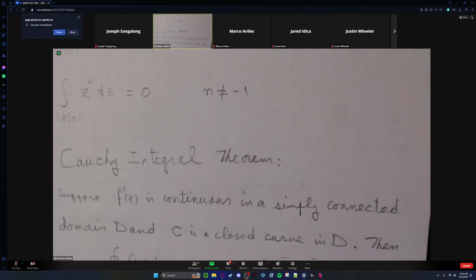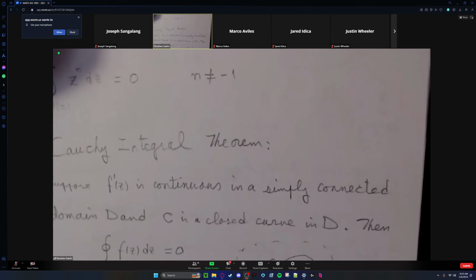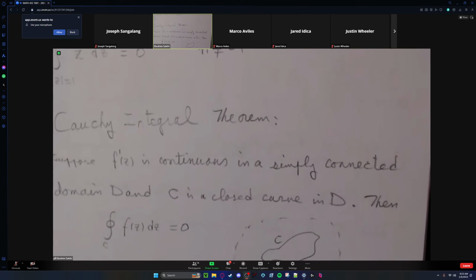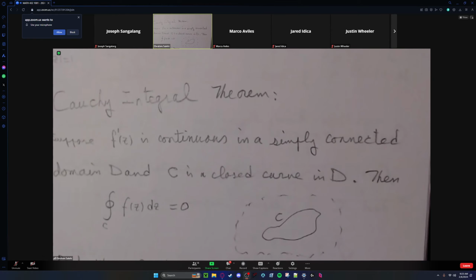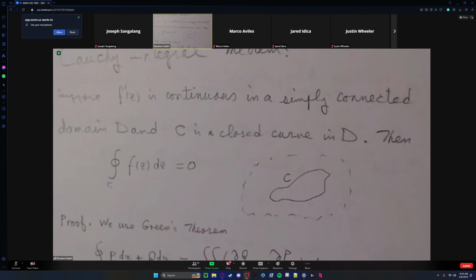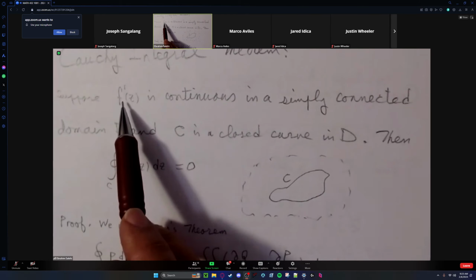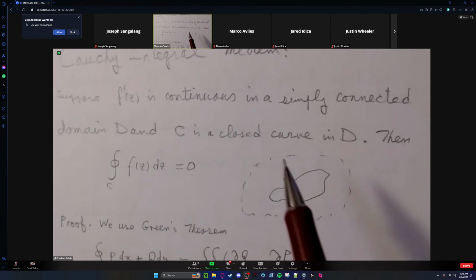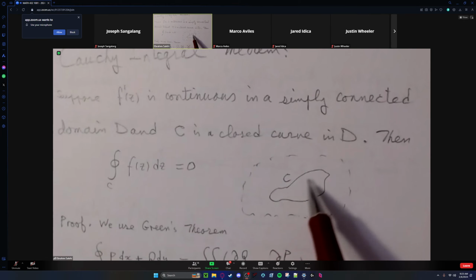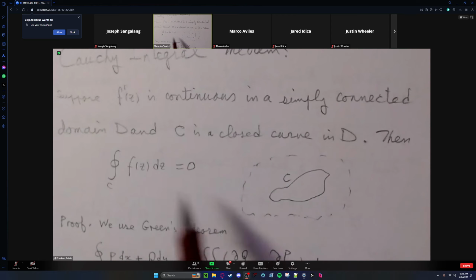All right, so I will stop at this point. That will cover section 14.1, and section 14.2 is about Cauchy integral theorem. And Cauchy's integral theorem basically says, if you have a nice function where the derivative exists and is continuous, then the integration over a closed curve is 0.